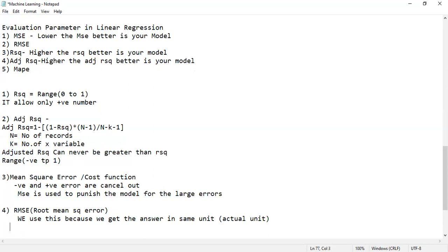Mean square error and root mean square error both follow the same thing: lower the root mean square error, better is your model. So I will copy this and paste it here.